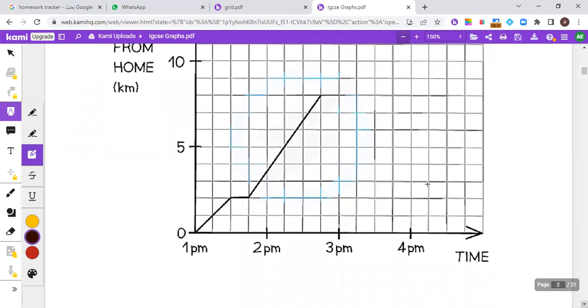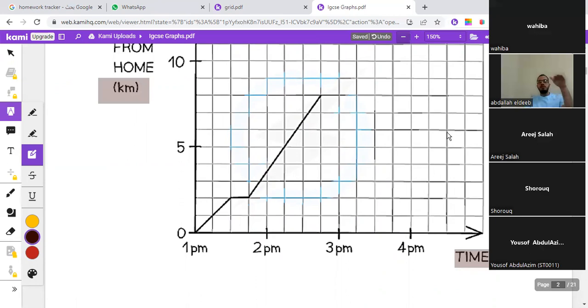as I told you, the time will be on the x-axis and the distance will be on the y-axis. The horizontal line represents time, the vertical line represents the distance. It is like this forever, okay?